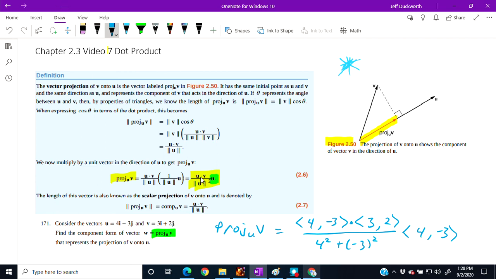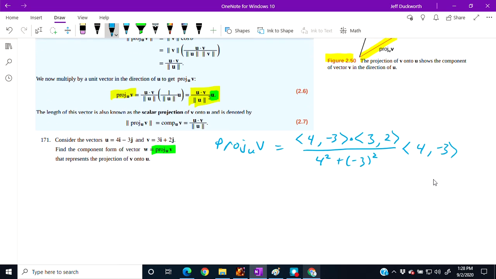So let's try to calculate that. So we've got 4 times 3 plus -3 times 2 in our numerator. That's the dot product. And our denominator is 16 plus 9. And that's going to be a scalar we're going to multiply by this vector 4 and -3.